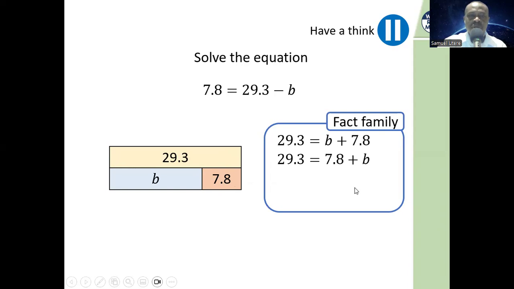And then you can do the subtraction. Subtraction is one of them, already here. 29.3 slicing off B will give us 7.8. And guess what? Drum roll, the next one is 29.3 minus 7.8. So slicing that off will give us B, which is what we're looking for.